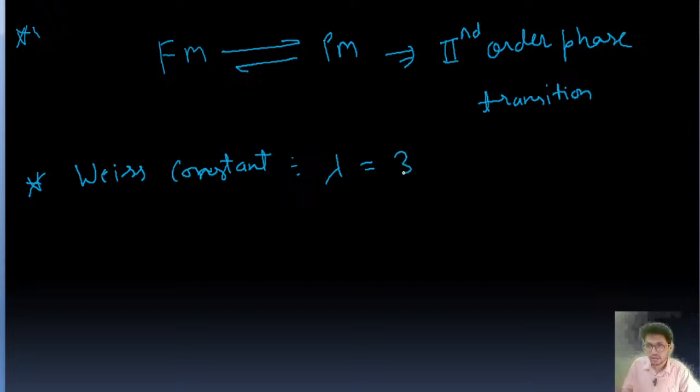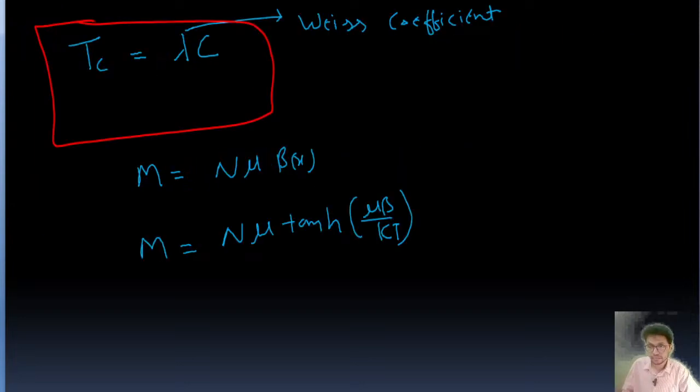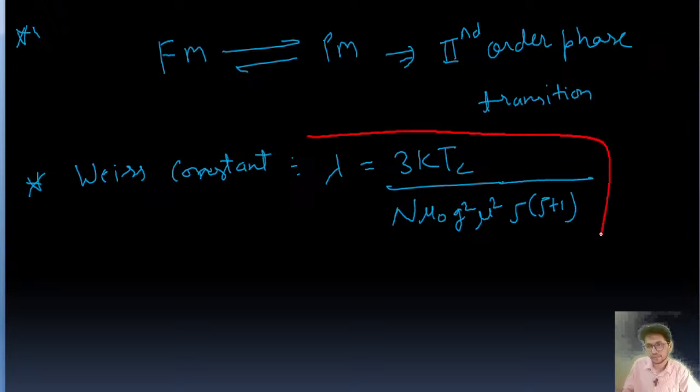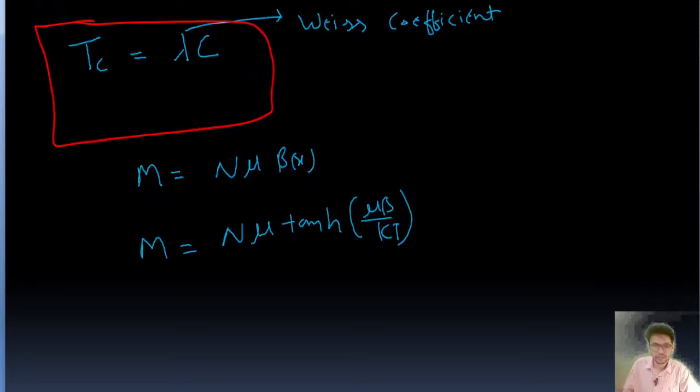That value is 3 kTc at Curie temperature: lambda equals 3 k Tc upon n mu 0 g square mu square j into j plus 1. Okay, so this is also important.